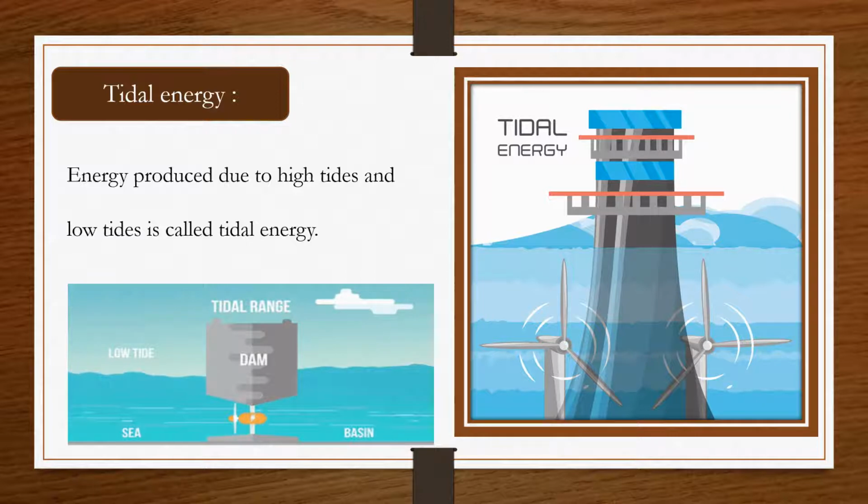Tidal energy is a renewable source of energy, and during the 20th century, engineers developed ways to use tidal movement to generate electricity in areas where there is a significant tidal range, that is a difference in level between high tide and low tide. And all methods use special generators to convert tidal energy into electricity.